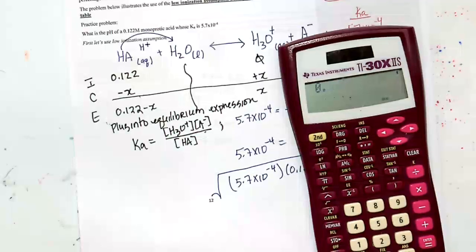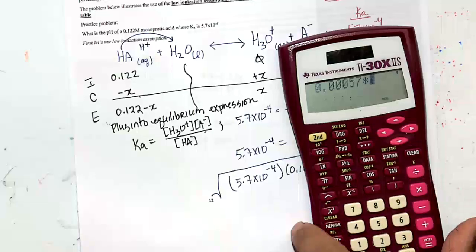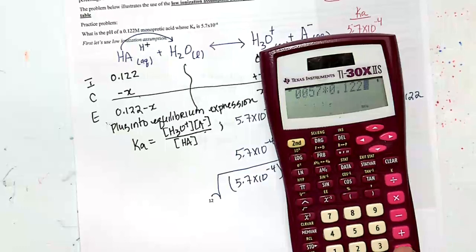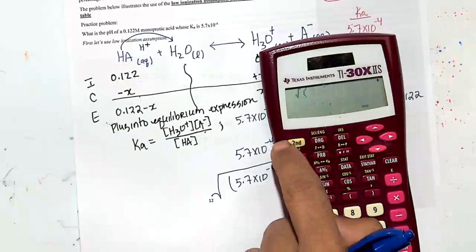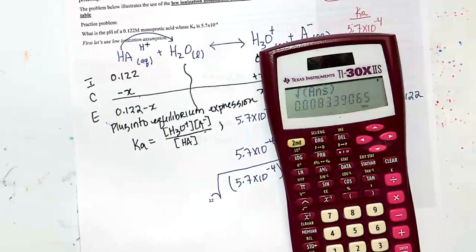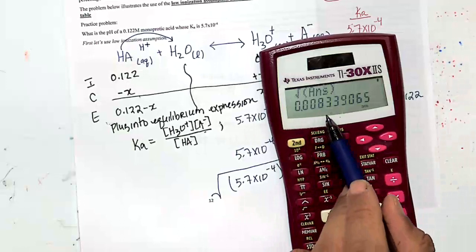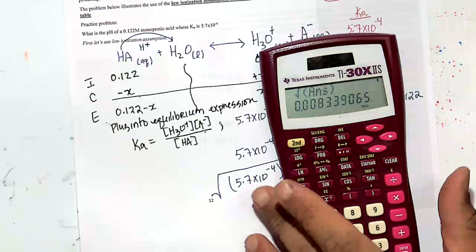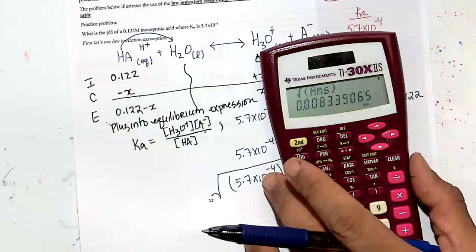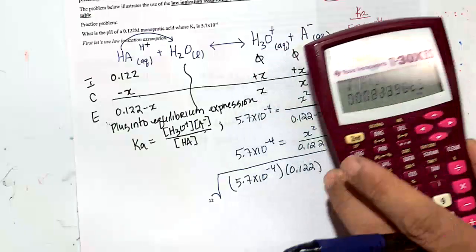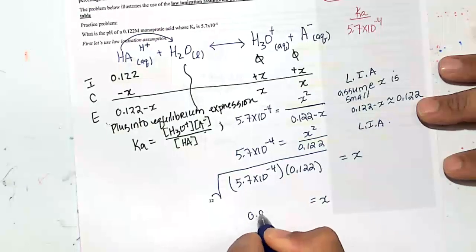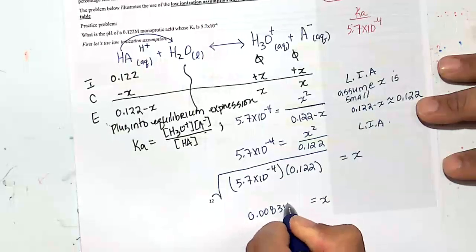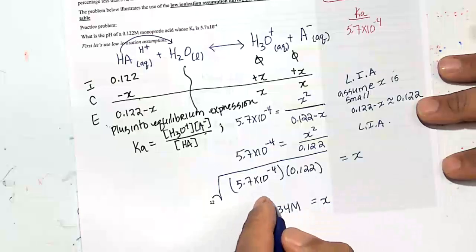All right. So 5.7 times 10 to the minus 4 times 0.122. Square root of this. I'm getting an x of 0.00834 molar. But what is that?